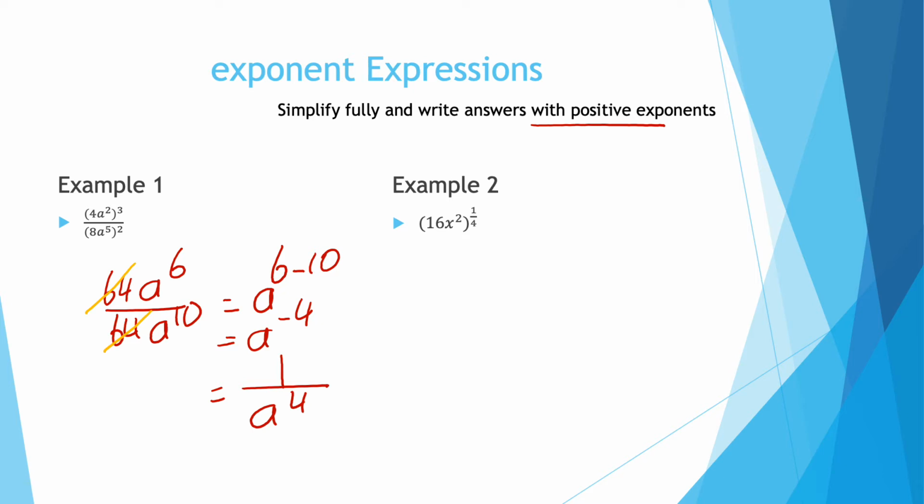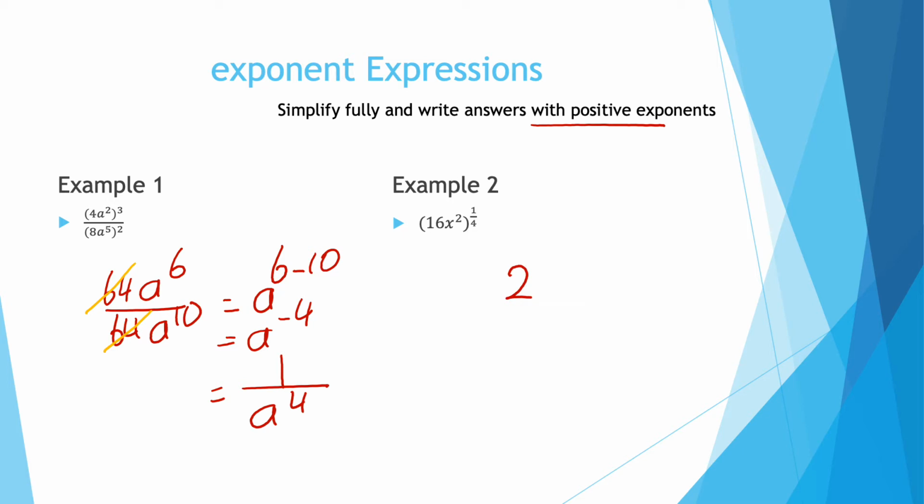To do it on the calculator, you will press 16 and you press the power button, and then you open brackets, and then you press the ABC button, 4, and close the brackets. So you write 1 over 4 as a fraction, or you can write to the power of 0.25 as a decimal. So it's up to you. In both ways, they will give you the answer of 2.